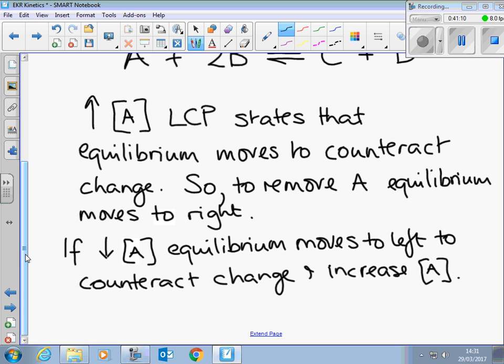Now the next bit, right, this is about concentration. The next bit is about pressure. Now, the thing about pressure is it's the gas version of concentration, isn't it? Think about it. If you've got a decimeter cubed container and you've got, I don't know, 1 mole of a gas in there, well, you wouldn't have.